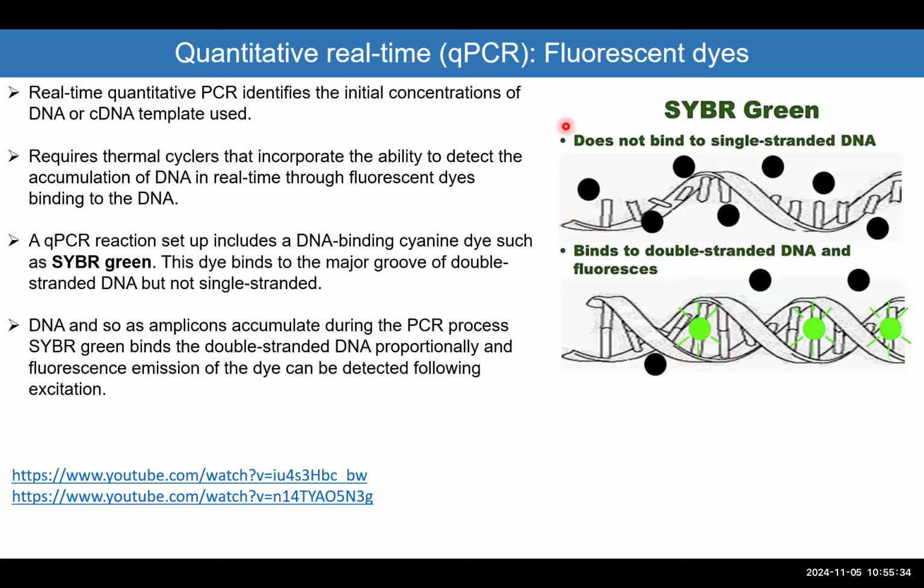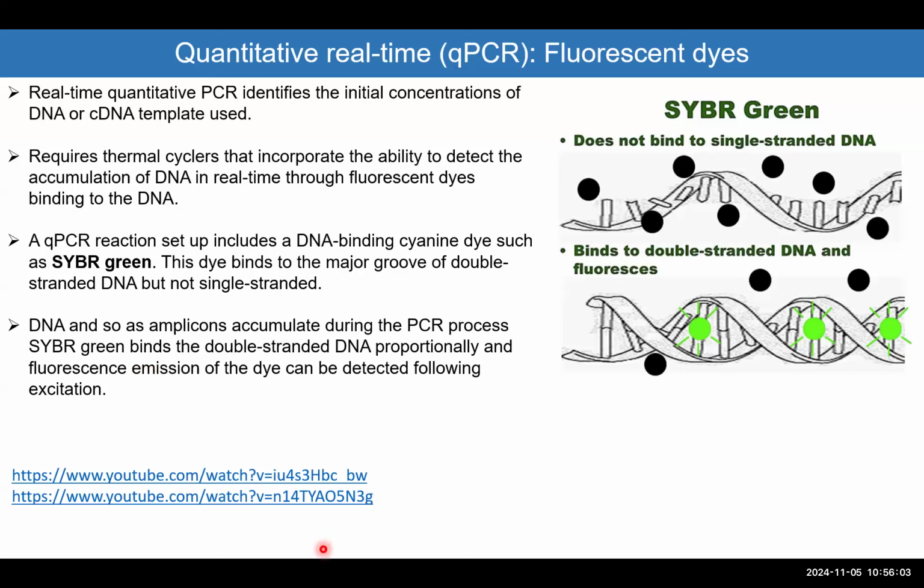If you have one copy, and in the next cycle you have two copies, then the fluorescence increases, and with the third copy, more fluorescence comes. As we get more and more accumulation, you will have more and more signal, and then you can compare between two different conditions.